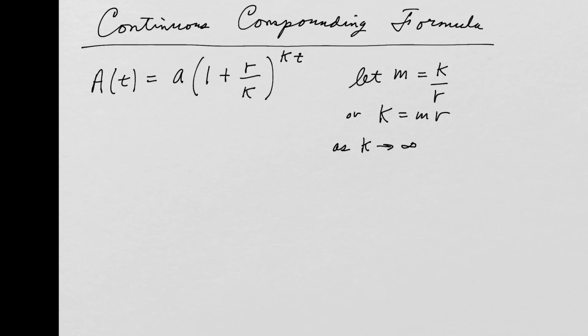So as k goes to infinity, if r is just some constant and you multiply it by m, what's happening to m? M is also going to infinity, right? If I have infinity times 0.01, that's still infinity. So as k gets larger and larger, that means m is getting larger and larger. Okay, we'll need that later. So let me do this substitution now. Where I have k, I'm going to plug in m times r.